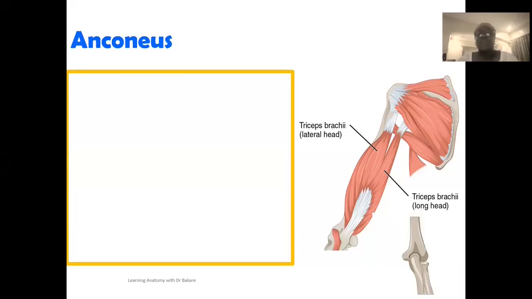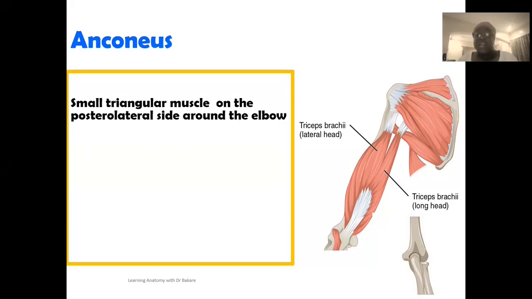This anconeus muscle is a small muscle that is triangular in shape, and it is seen at the posterior lateral region around the elbow. So it's seen at the most inferior part of the posterior region of the arm. If you look at this image by the side, this is where we have the anconeus here, arrowed in blue. This muscle is a very small muscle that is located at the inferior part of the posterior arm region.